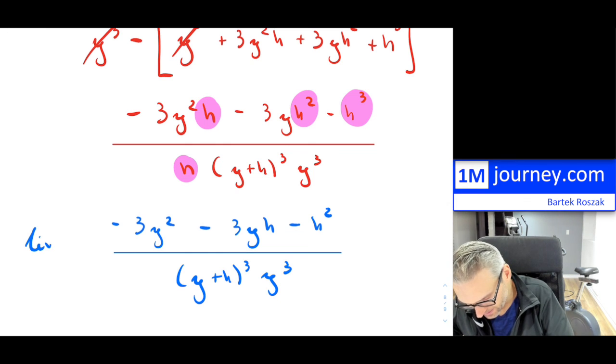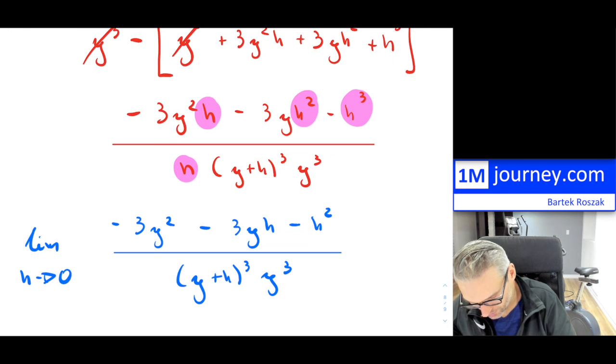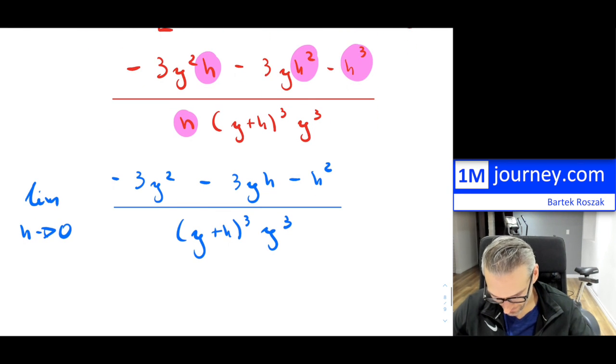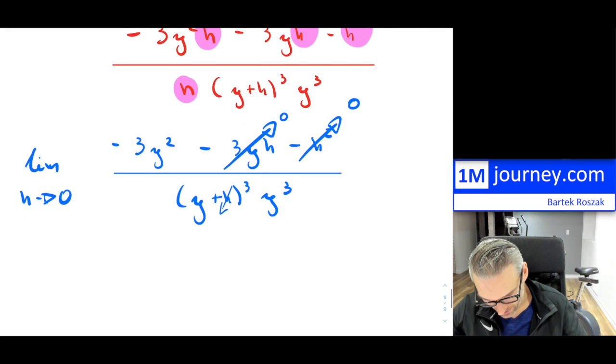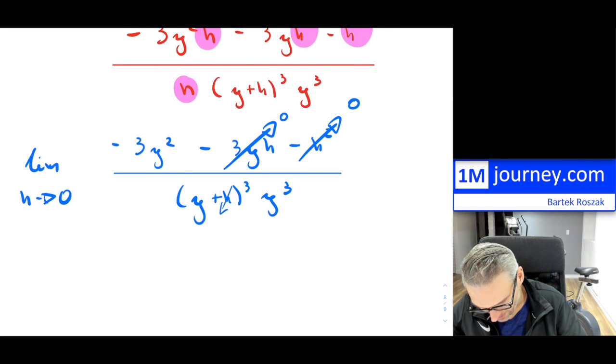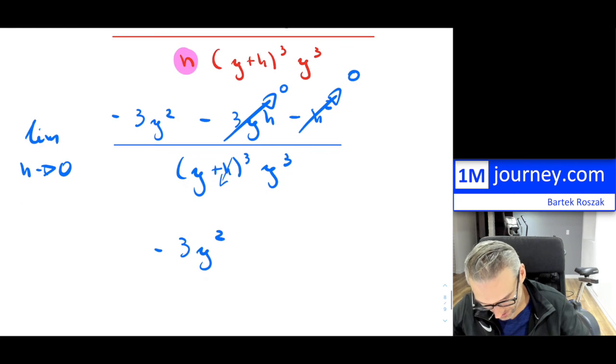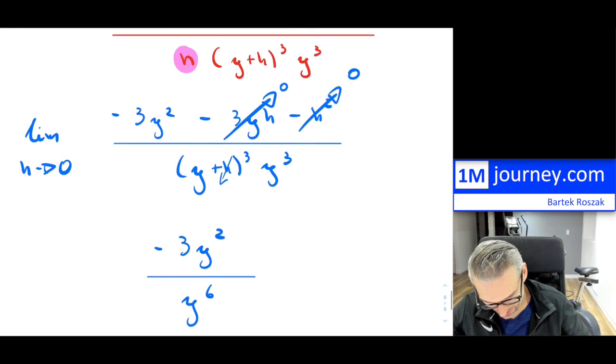Now if we let the limit of h approach 0, this is gone, it's going to be 0. This little h is gone. And so what we get in here is negative 3y squared all over y to the 3, y to the 3, which is y to the 6.